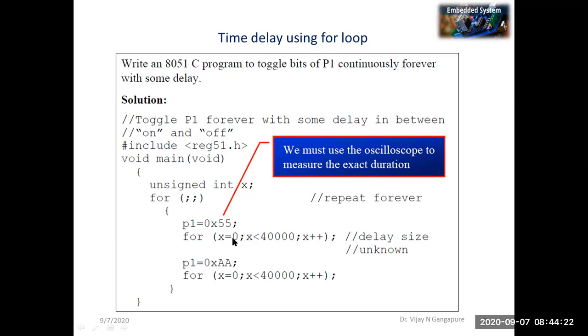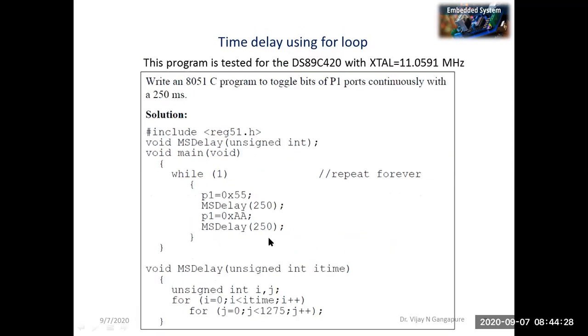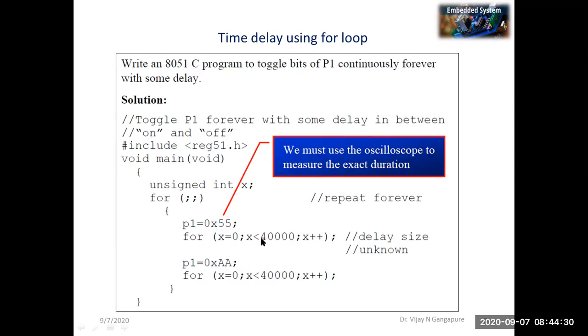This for loop we have put here just to generate a small delay, because we are delaying execution of the next instruction. This for loop will be repeated 40,000 times, so it will offer some delay of unknown size.